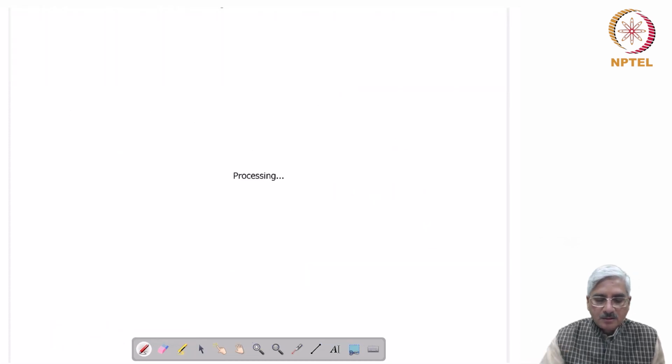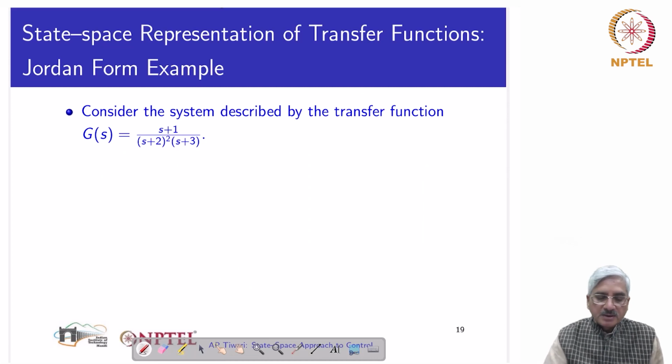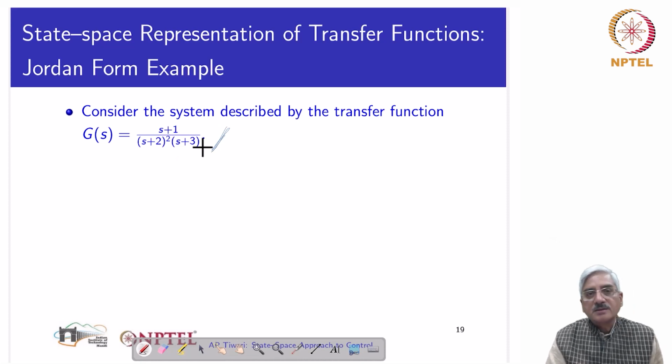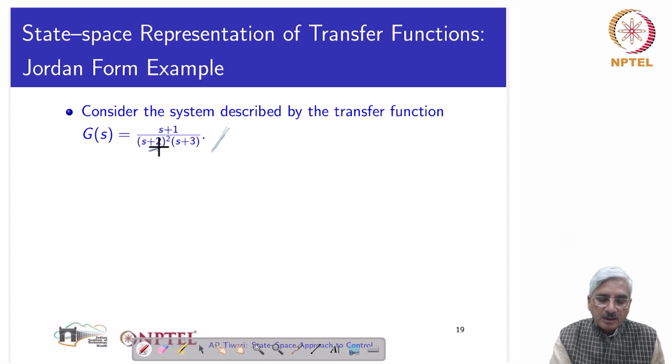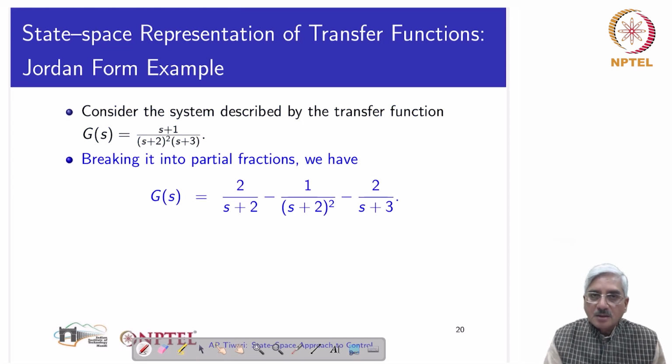We consider one example, which is this. G(s) is (s plus 1) by (s plus 2) square (s plus 3). So there are two poles, one at minus 2 with repetition 2, multiplicity 2, and one at minus 3. This system we want to represent in the Jordan form.